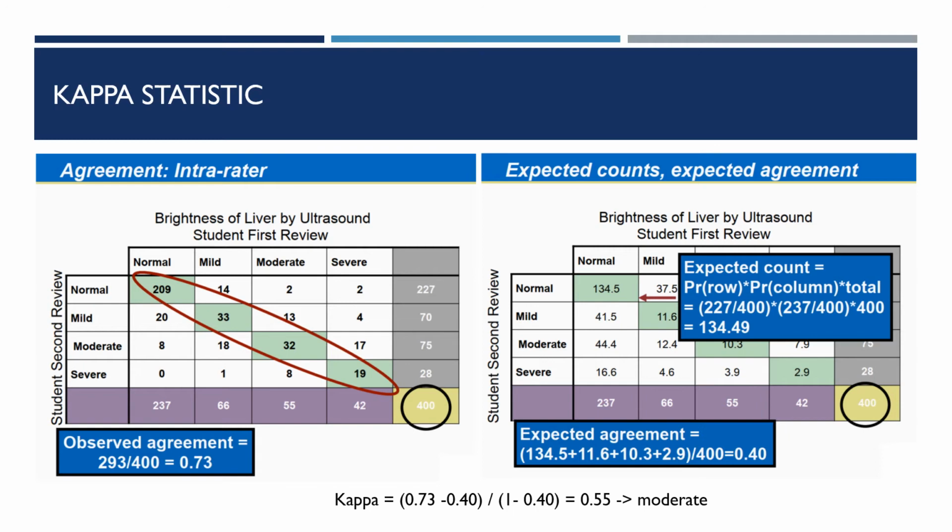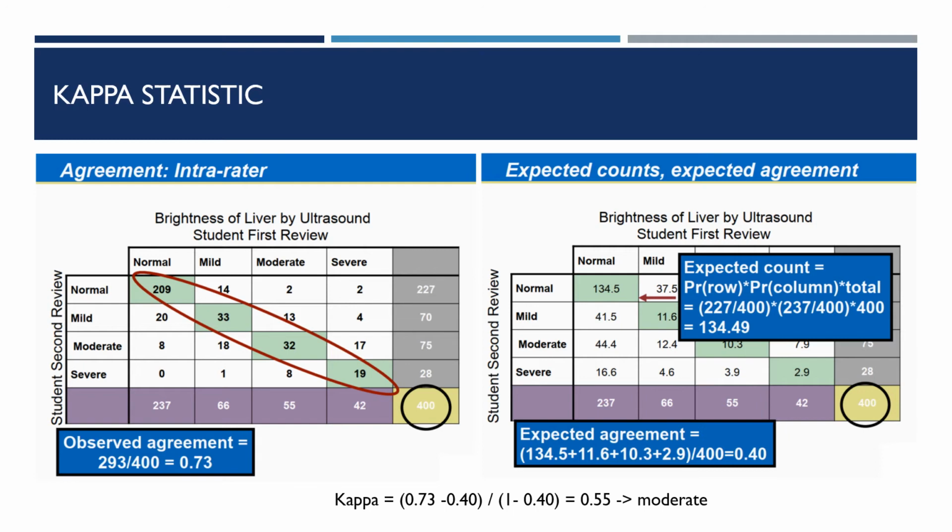Then we can create a table like this to show the agreement and disagreement between the two reviews by the same student. The green cells show the agreement of the two reviews. By summing up the numbers in the green cells and dividing by the total number of reviews, we can get the observed agreement.